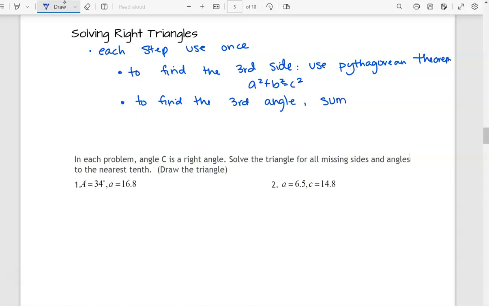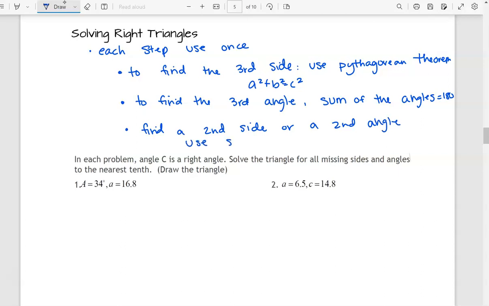we know the sum of the angles is 180 degrees. So we will subtract the two we know to figure out the third. And then we will find a second side or a second angle.